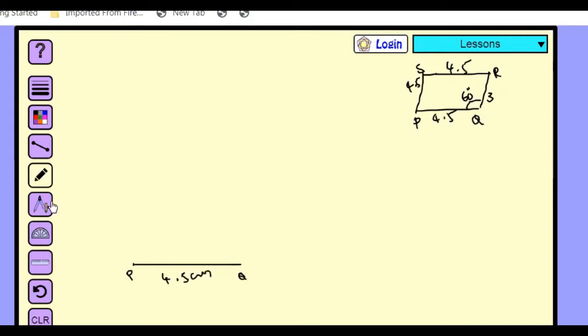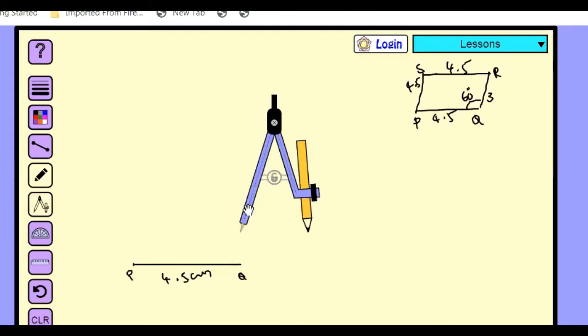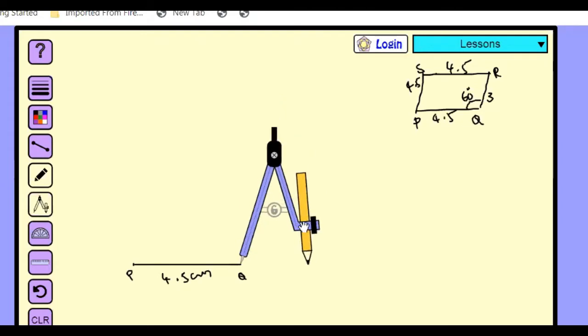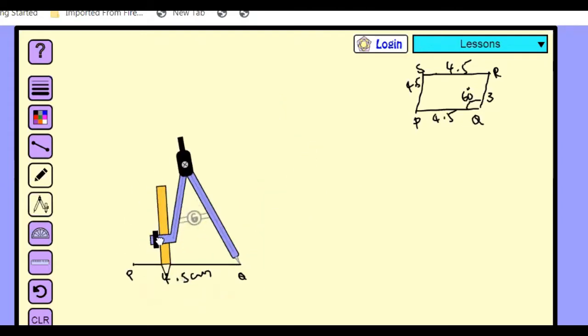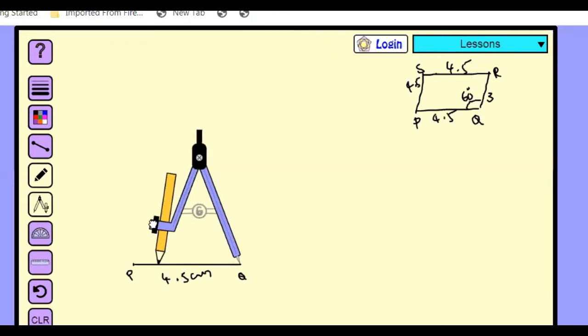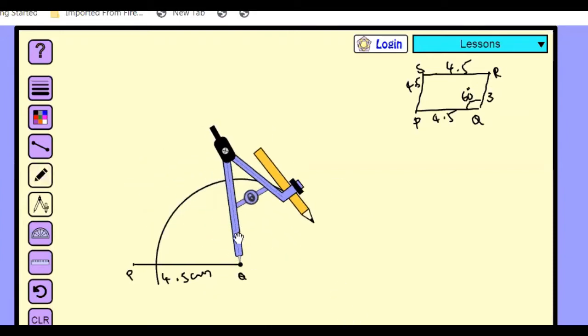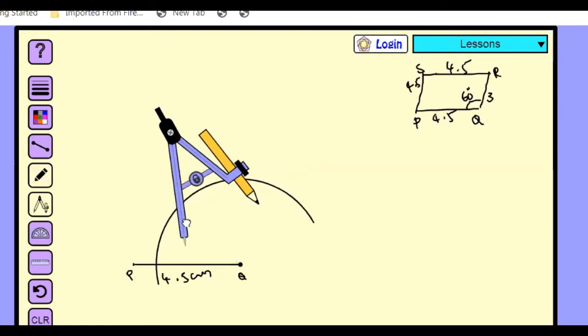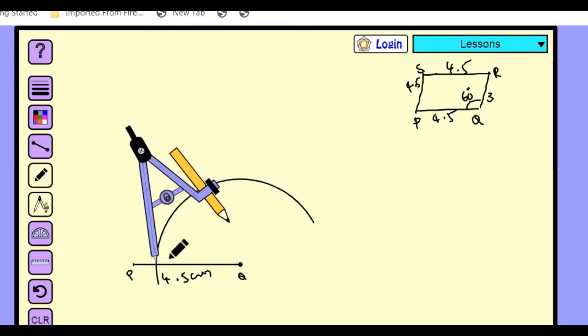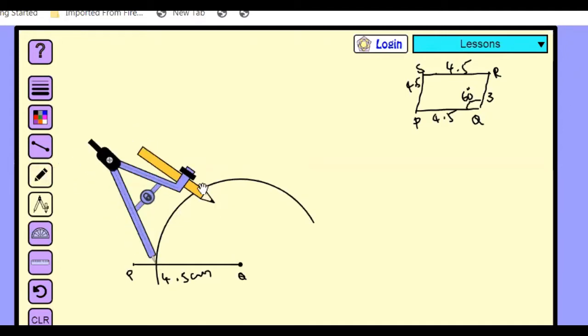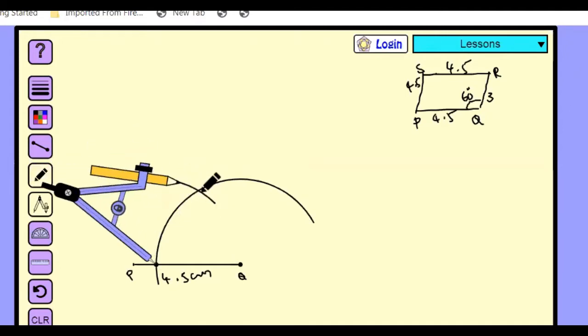For this, take the compass, place it at Q as the center, and take the compass radius more than half of the length of PQ and draw an arc. Then with the center at the arc's point, draw another arc which cuts the previous arc. Now this point indicates the 60 degrees.